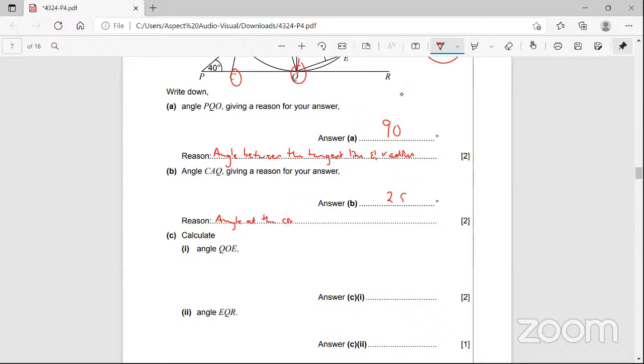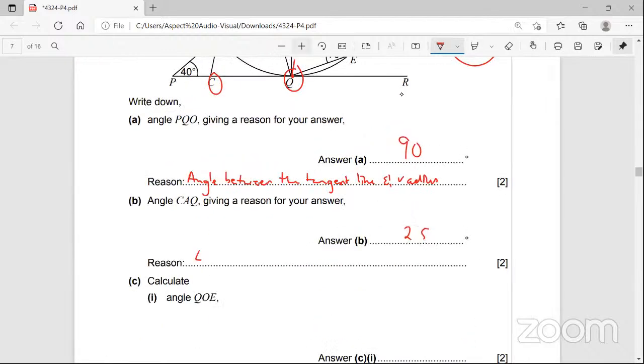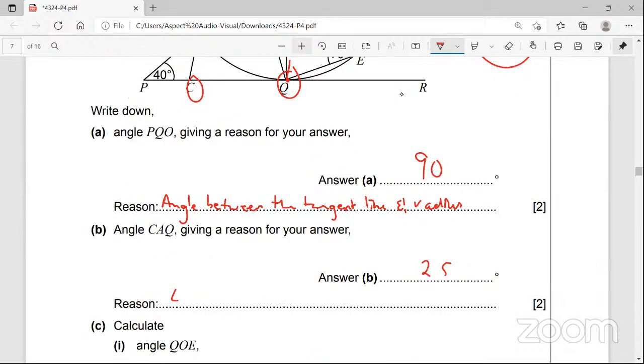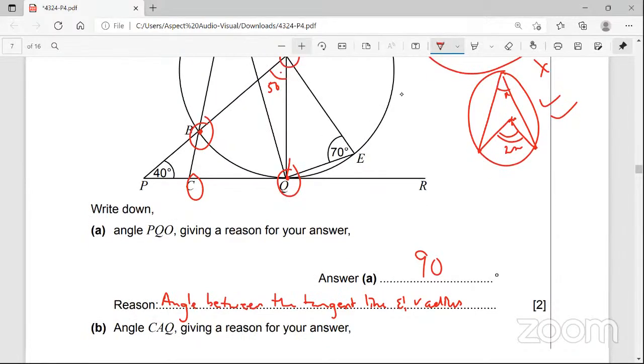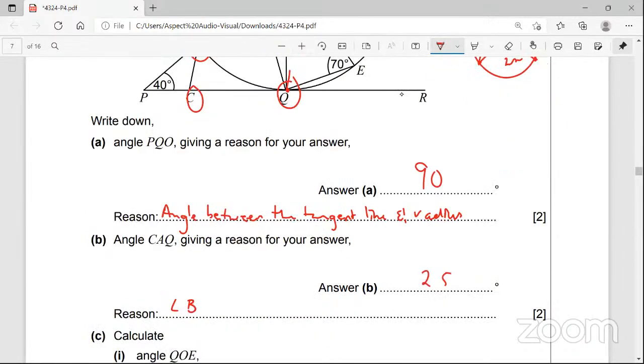Or you can even write it mathematically, where you say angle BOQ is equal to 2 times angle BAQ. All together. Okay.